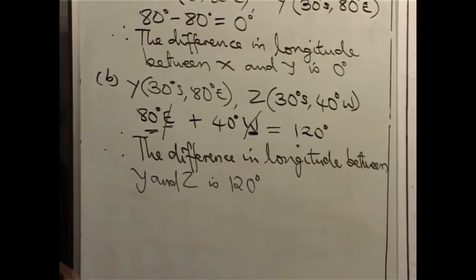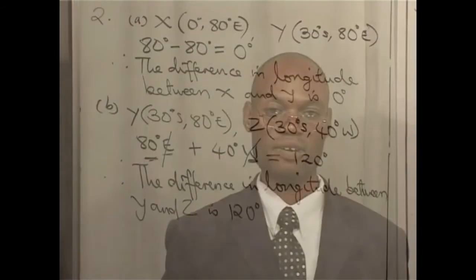Remember, we've said that on the Earth's surface there are small circles and great circles, and the mean radius of the Earth is 6,370 kilometers. So measurements of distances on the Earth's surface can either be in kilometers or in a special unit called nautical miles.